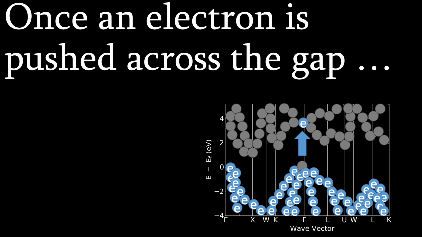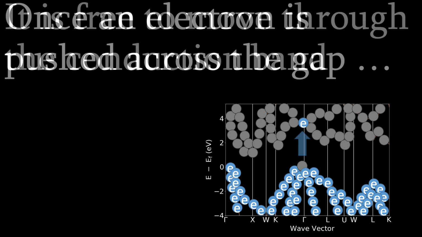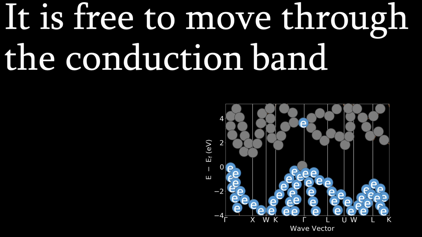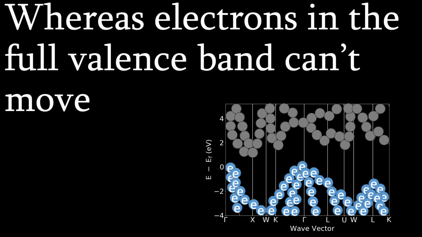Once an electron is pushed across the gap, it is free to move through the conduction band, like a kid moved from a crowded room to an empty hallway, whereas electrons in the full valence band can't move.